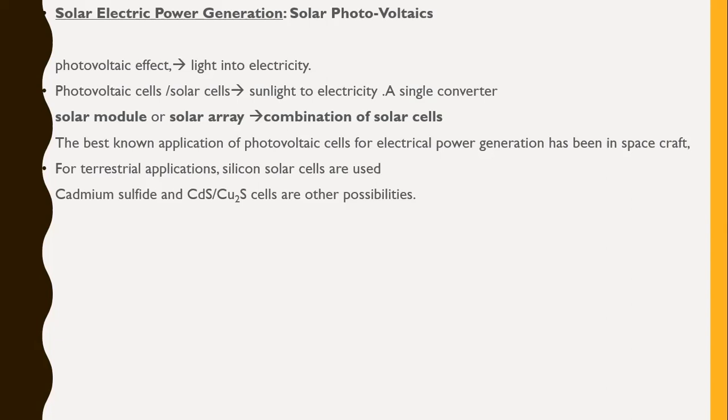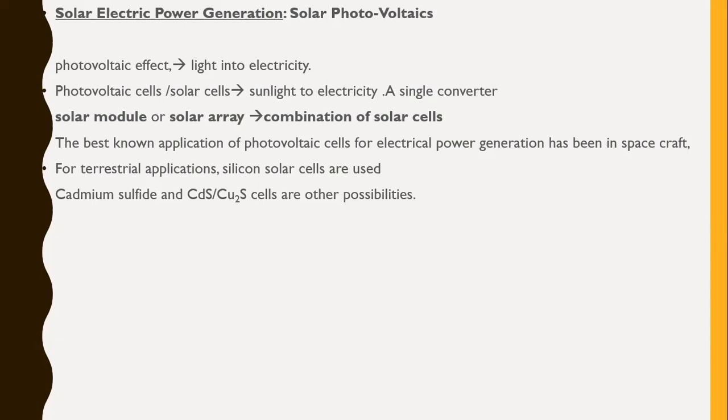In this, energy conversion is done, and the devices used to convert sunlight into electricity by the photovoltaic effect are called solar cells. A single converter cell is called a solar cell, or generally a photovoltaic cell.